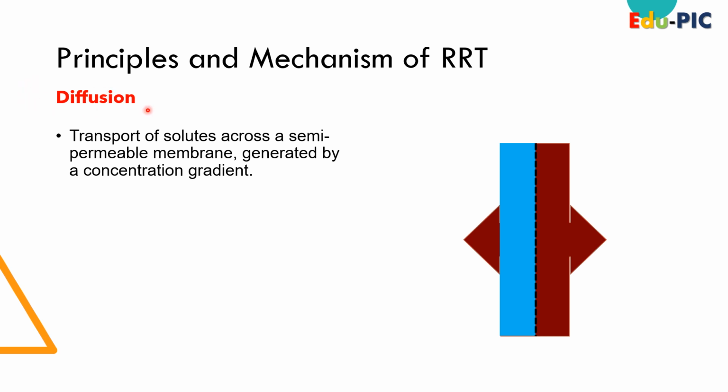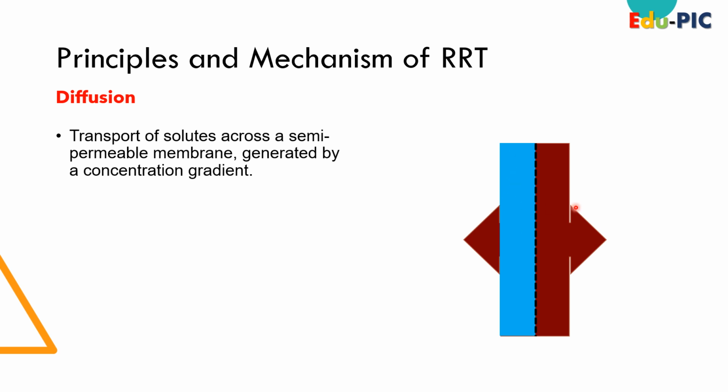So diffusion. What is diffusion? Diffusion is the mechanism that gets solutes transported across a semi-impermeable membrane just by concentration gradient. So if you've got low solutes or low concentration on the dialysate here, then you're expecting the higher concentrate of these solutes here to just diffuse to where there is less concentrations.